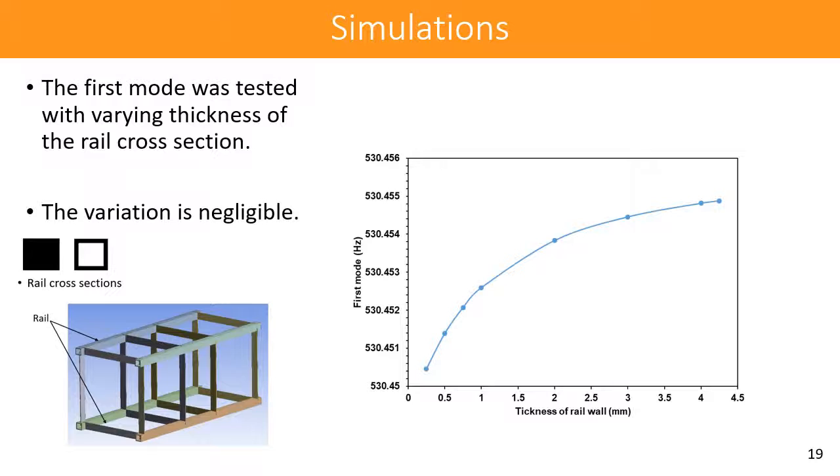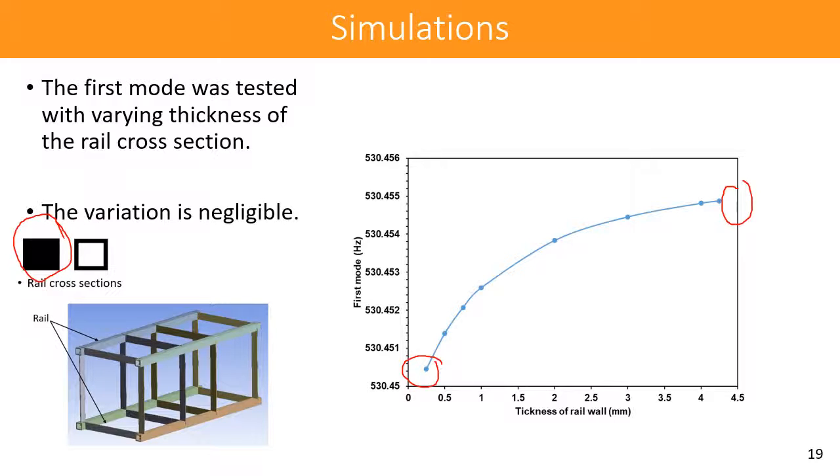So first I optimized the rail cross section. I started with a full square, and then I varied the thickness. And for this I used the first mode. So you can see here what happens with 0.25 millimeters of wall thickness, and this is for the full square.